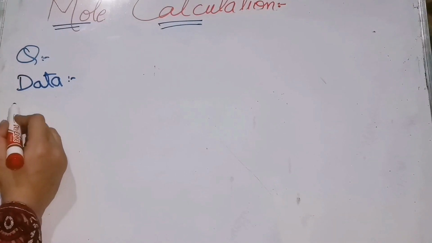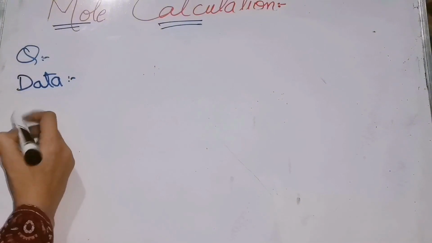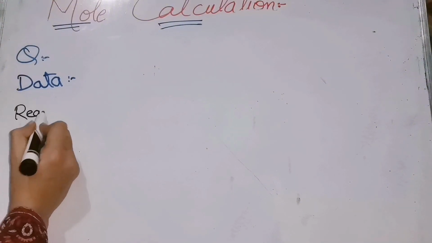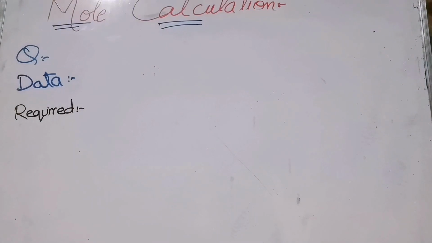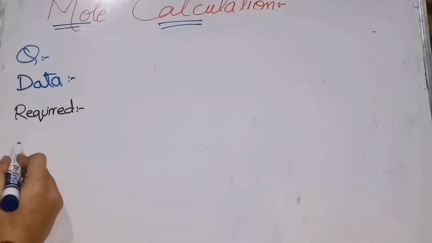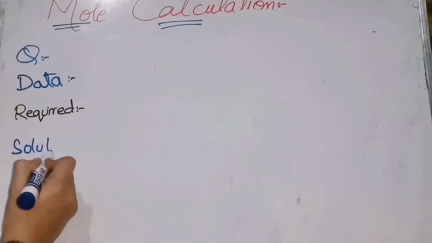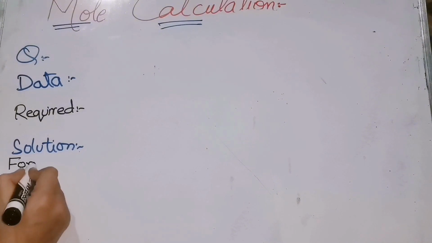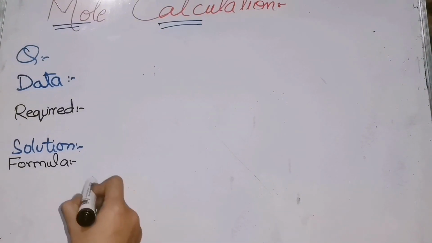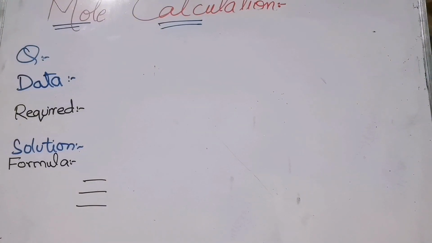So you will give the heading of required. Then you will give the heading of solution, and after solution directly give the heading of formula. After doing all the calculations, give the heading of result.